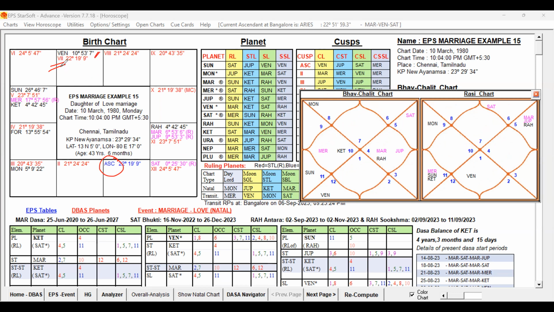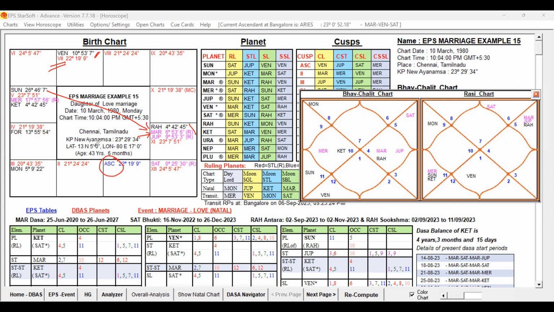Now seventh lord Mars is posted in the 10th house, in the sign of Leo, conjoined with Rahu and Jupiter. That sign lord Sun is posted in the 5th house and aspecting Mars, and Mercury is also aspecting it.